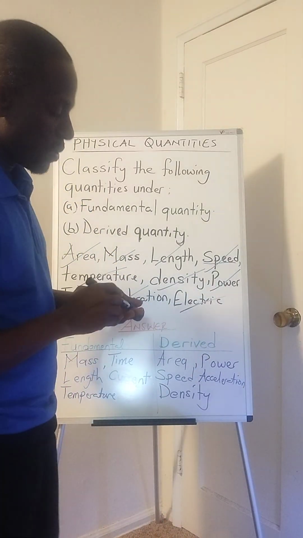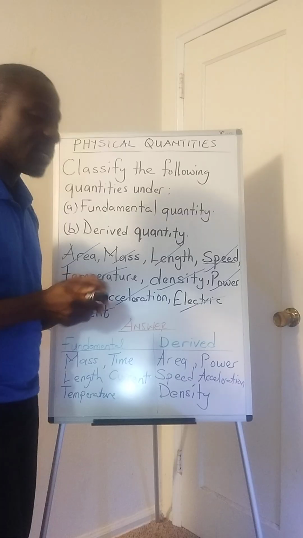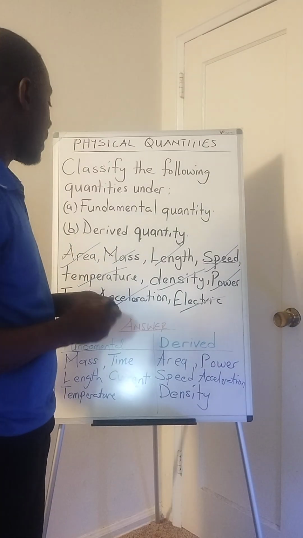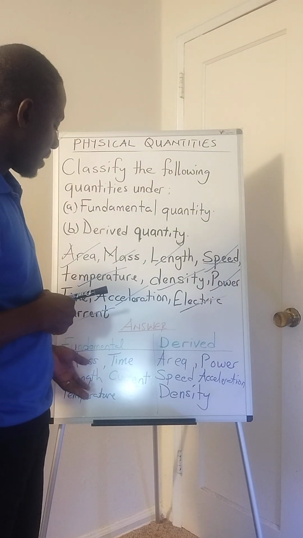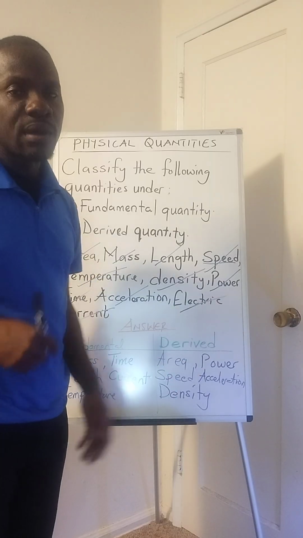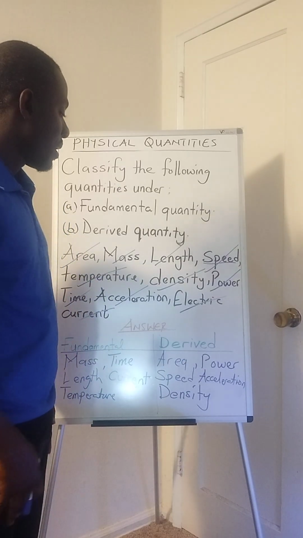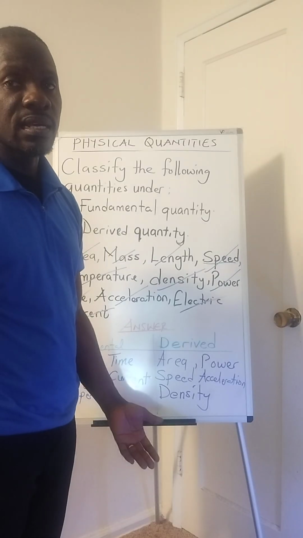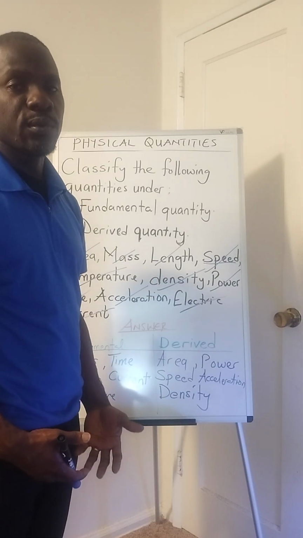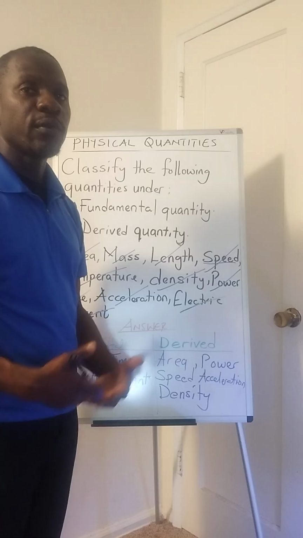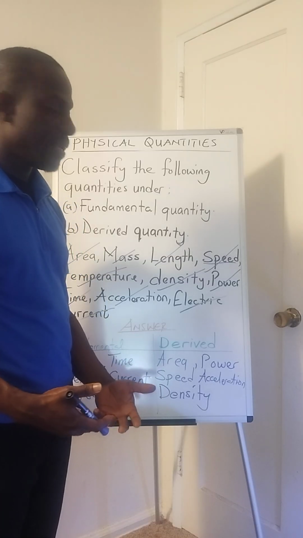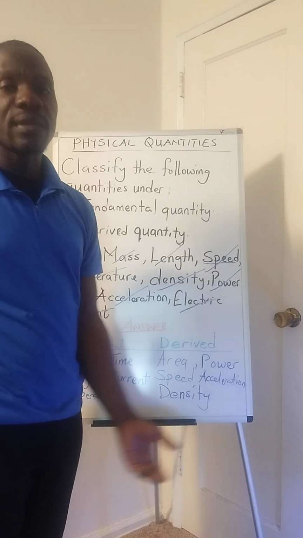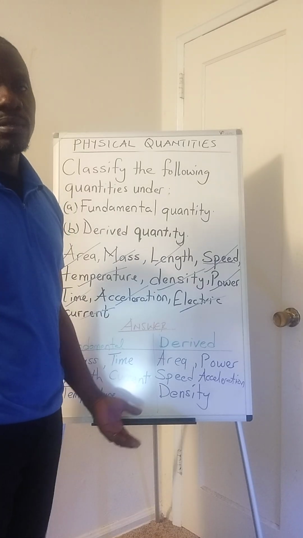And so in effect, we have been able to group the following quantities under fundamental and derived quantities. And so you see, it was very, very easy. If you follow through what I teach you, if you follow through our lesson, these things will be at your fingertips. And that is all there is to it.